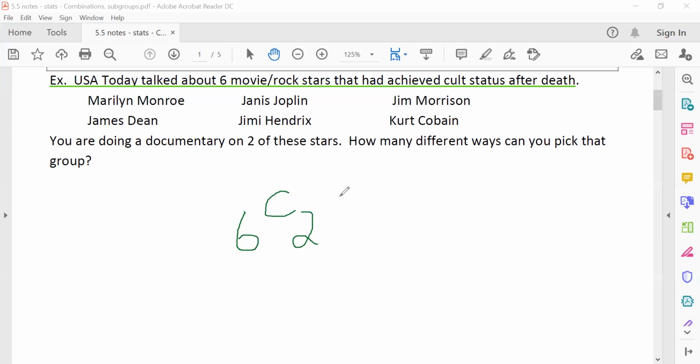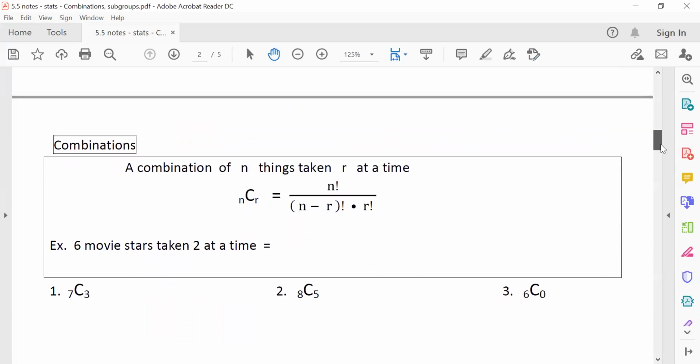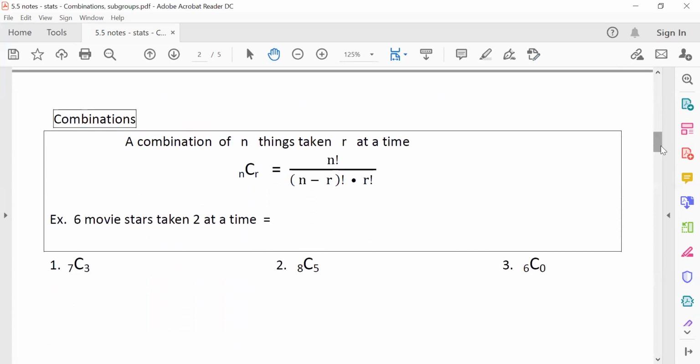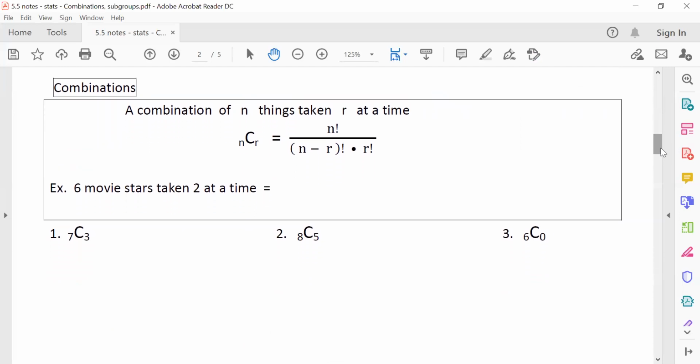And that one's going to end up being 15, but we'll look at the computation for that in a moment. So a combination just says, how many ways can I pick a smaller group from the larger group, and then not worry about the order in which that smaller group appears. It doesn't matter.